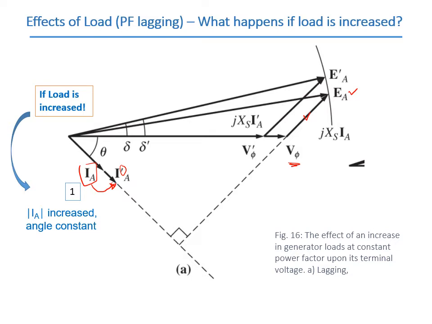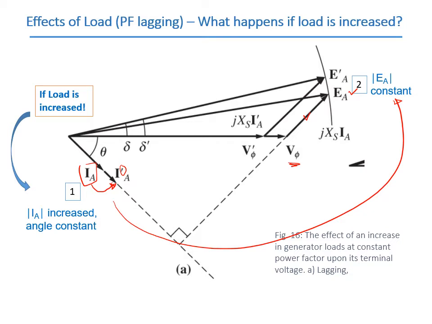Now from there we look at this EA. We learn that EA is constant, and why? Because EA is equal to K phi omega, and flux and omega are not affected by the load. The flux is induced by the field current, and the field circuit is not linked to the load.